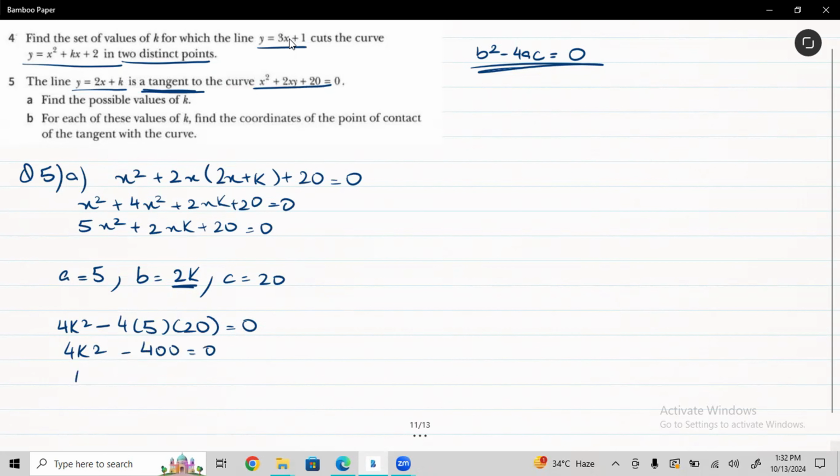So 4k squared is equal to positive 400, so k squared is equal to 400 divided by 4, which is 100. And k is equal to the square root of 100, which would give us two values, positive or negative 10.